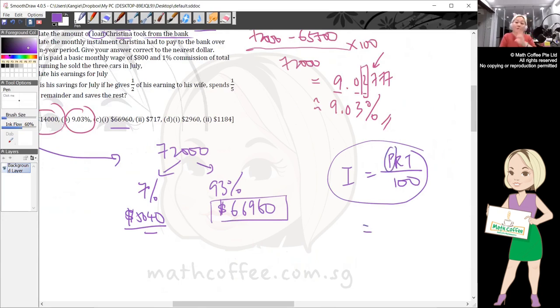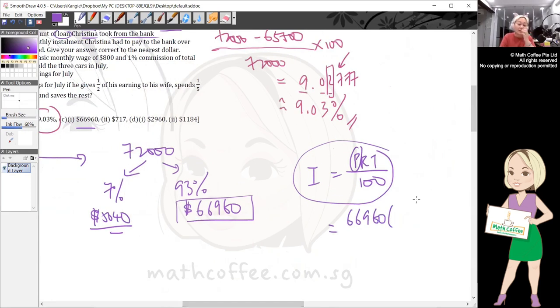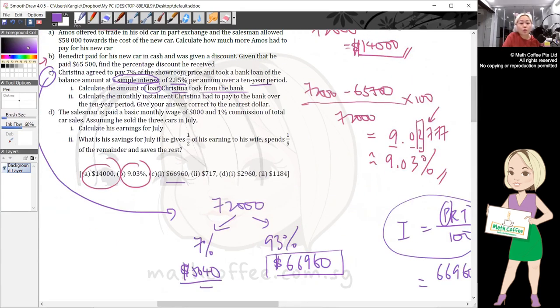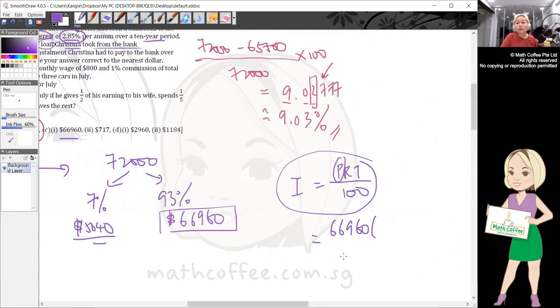So I'm going to calculate the interest. Principal is the amount that you borrow, which is 66,960. Multiplied by R. What's R? R is the rate per annum. Per annum means per year. So over here, they tell me 2.85% per annum. And take note, for the R just put in 2.85. You do not need to put the percent here, because you already have the over 100 here.